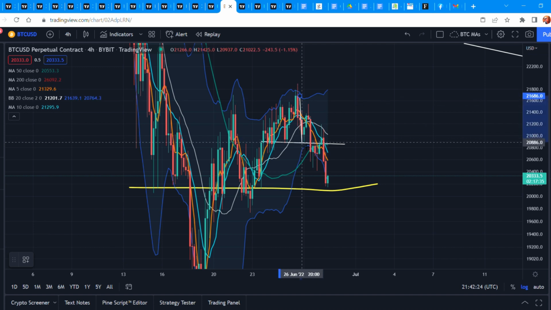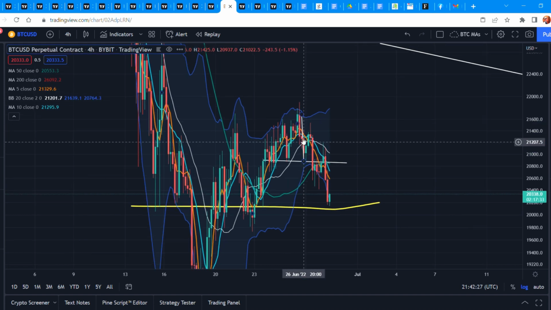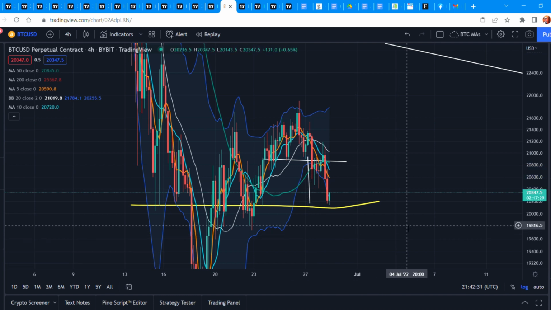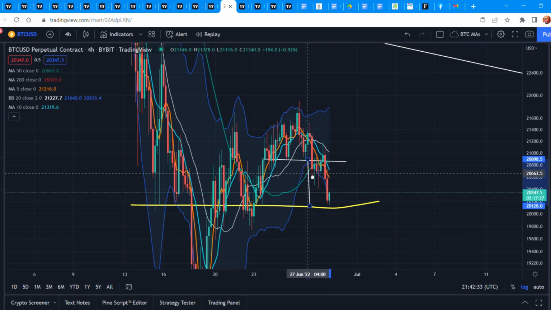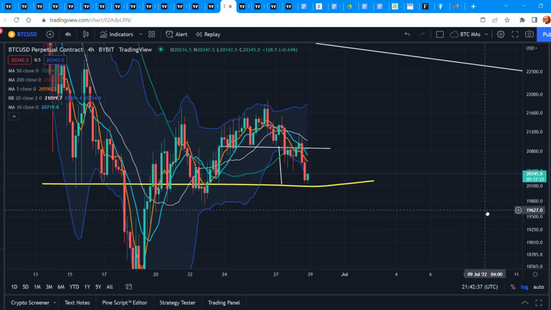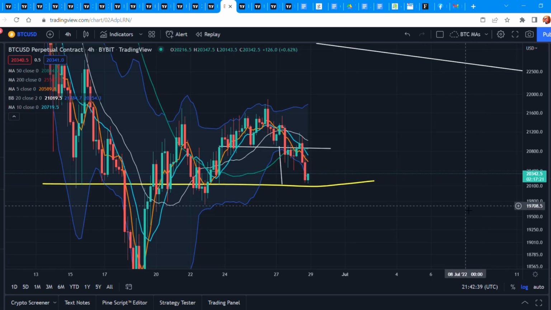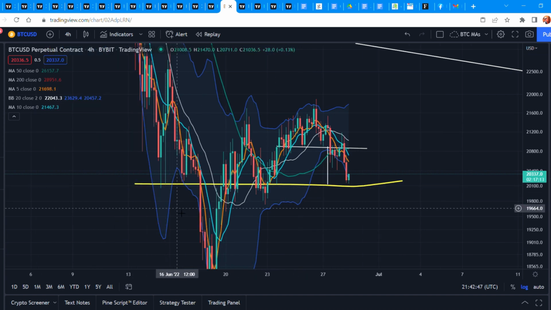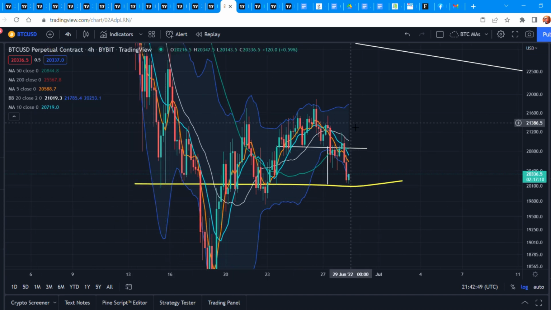If you're measuring this and you're putting it down to breakout, you can see that it fits this support and resistance level to a T, which is absolutely brilliant, because the 4 hour level is supporting your pattern on the 1 hour.